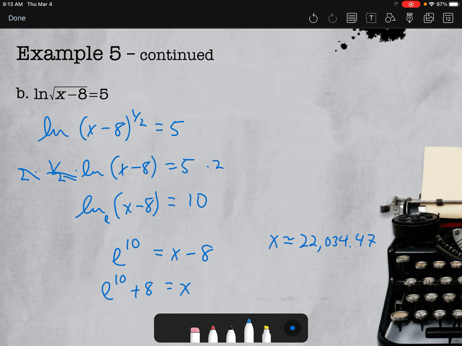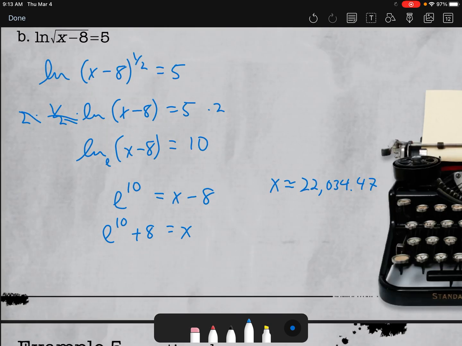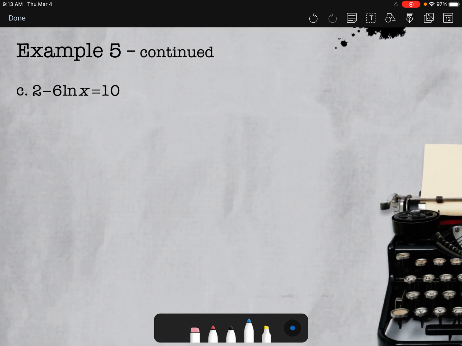So kind of fun, kind of neat. Let's see if that works. I'm just going to go second answer minus 8, the square root of that, and then the natural log of that. And it's 5, exactly. Awesome.